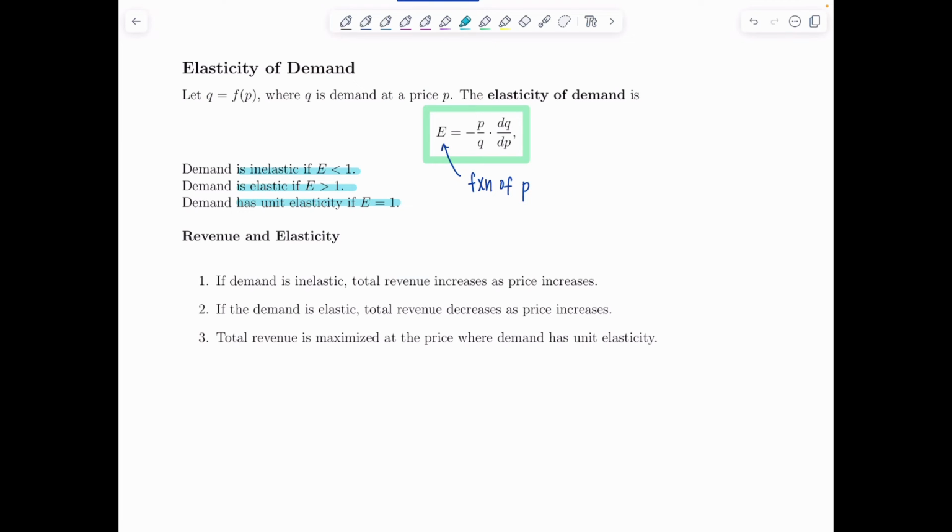So basically, elastic demand refers to products where consumer demand, how we behave, changes significantly when price changes. And so some examples are luxury items, dining at high-end restaurants, and first-class airline tickets. If the price increases significantly, these things are not necessities. You're probably going to cut back on how much you consume.